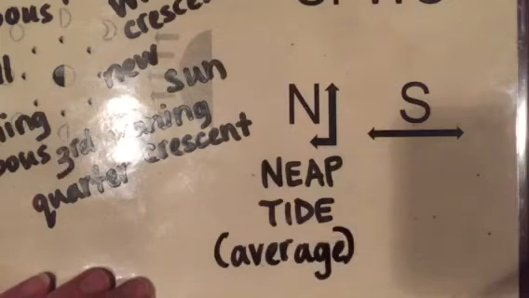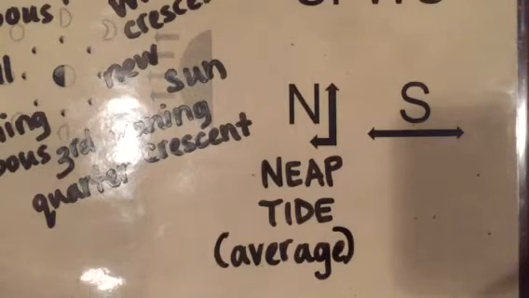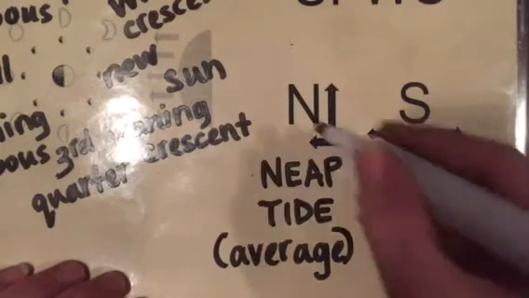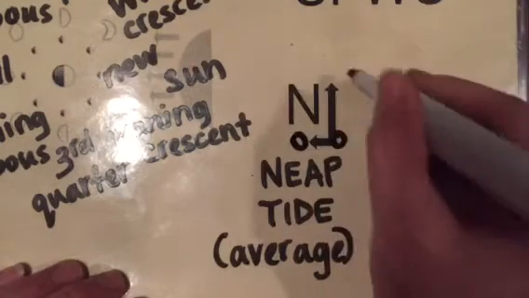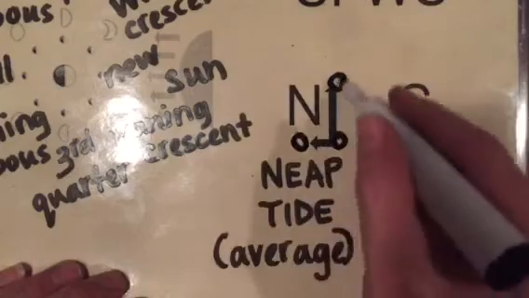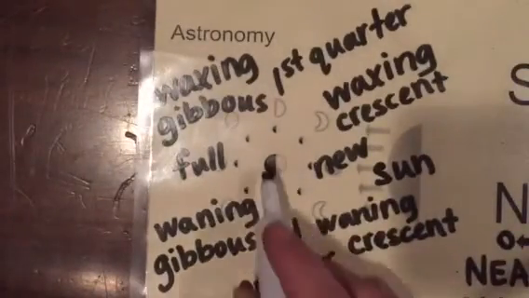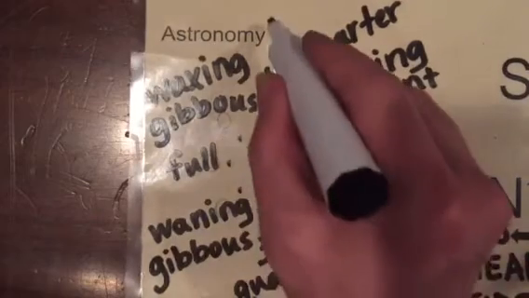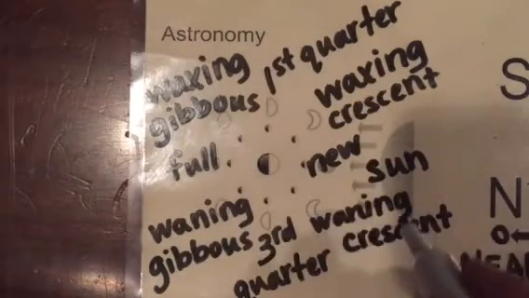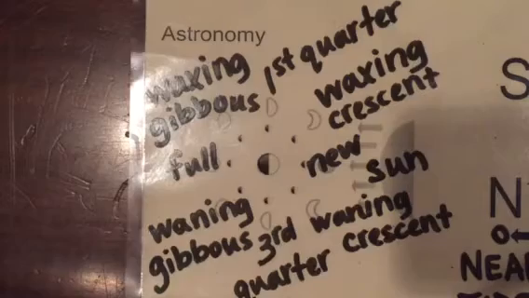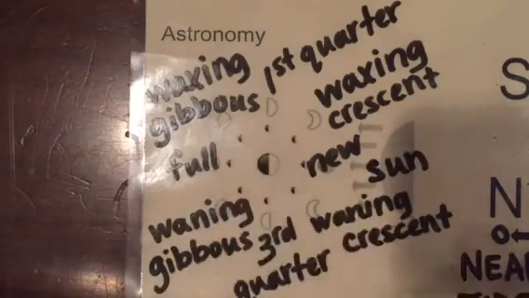So the water levels are not really high, they're not really low, they're pretty average all over the Earth. This is when the Earth, Sun, and Moon make a 90-degree angle. That would mean that it would have to be a third quarter or a first quarter to experience a neap tide because it needs to be a 90-degree angle.